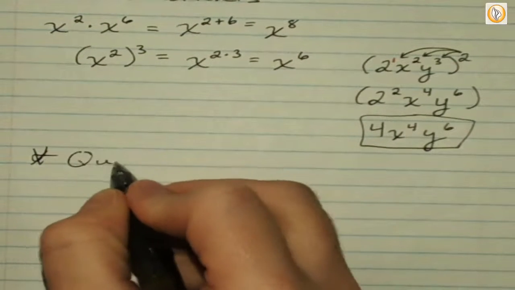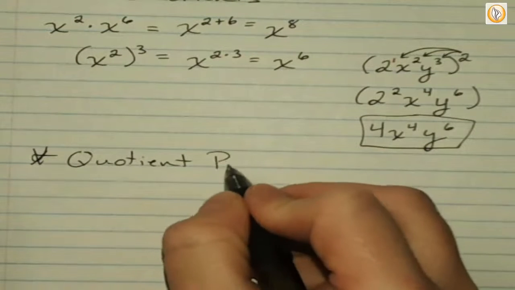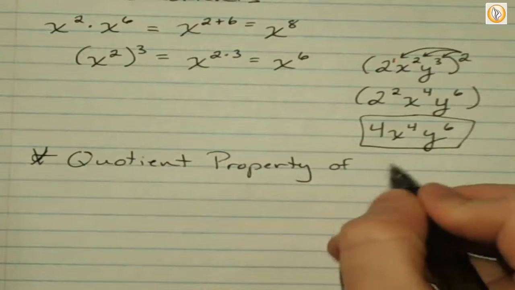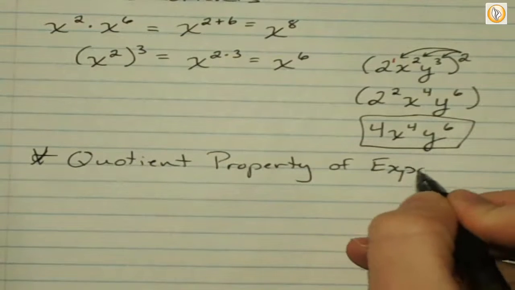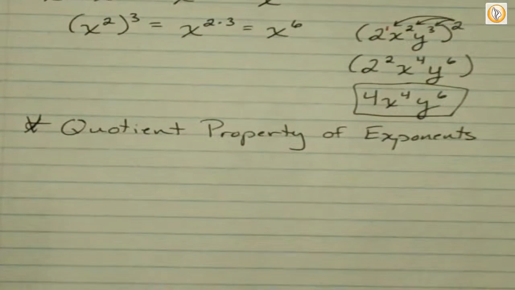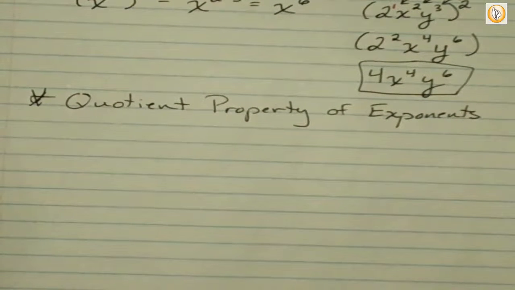we're talking about the quotient property of exponents. That's basically when the bases are being divided.